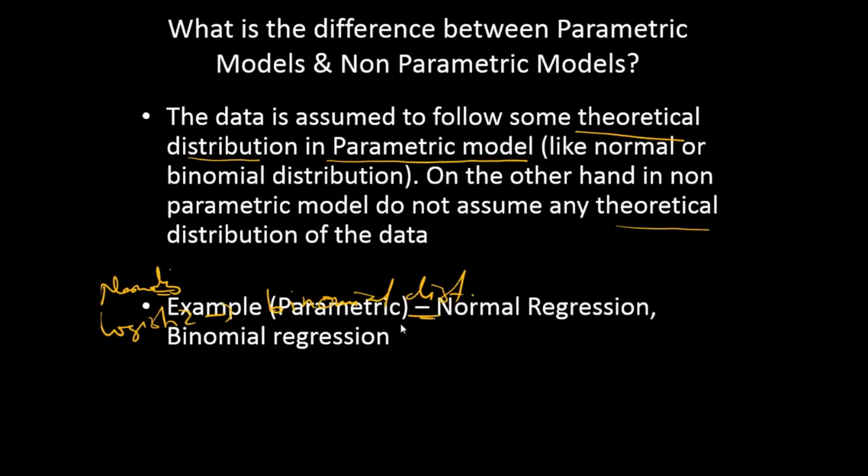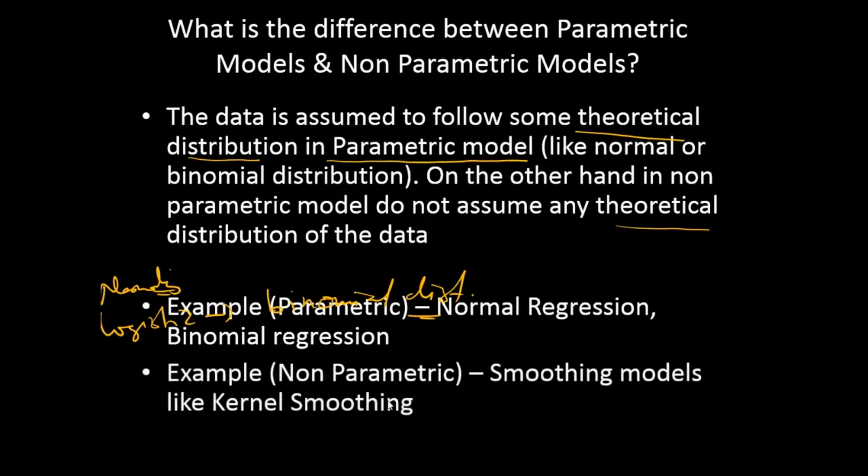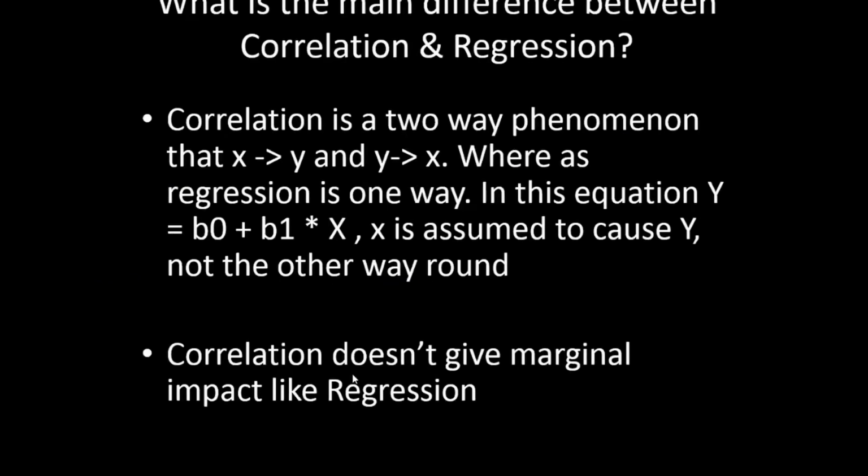Those models are known as non-parametric models. Examples of parametric models are normal regression and binomial regression, and examples of non-parametric models are the smoothing models, mostly the kernel smoothing model or a scatter plot smoothing model.